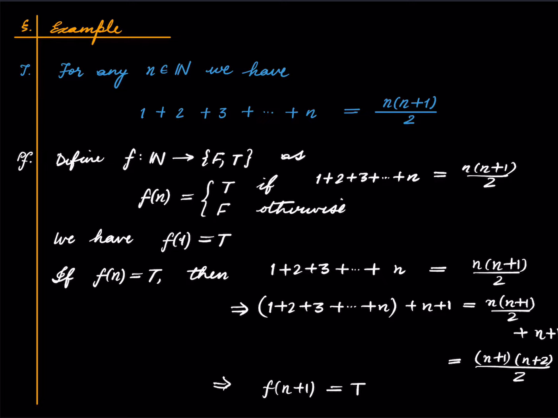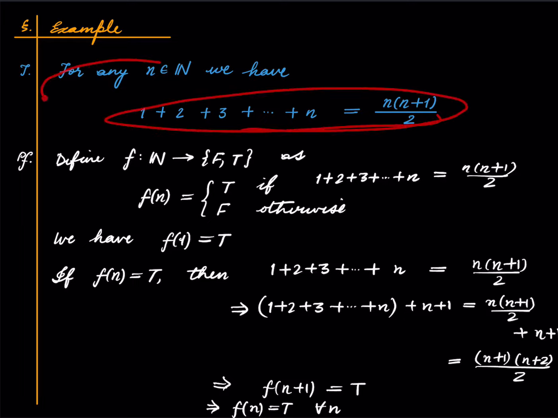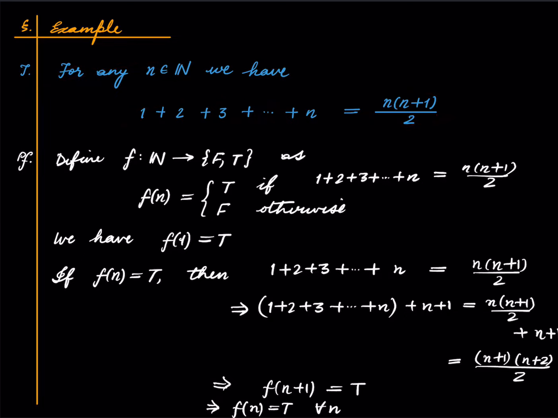And that's it. Therefore, f of n is true for all natural numbers n, and this is what we wanted to prove. Saying that f of n is true for all natural numbers n is exactly the statement of the theorem. And that's it. So this is an example of mathematical induction.